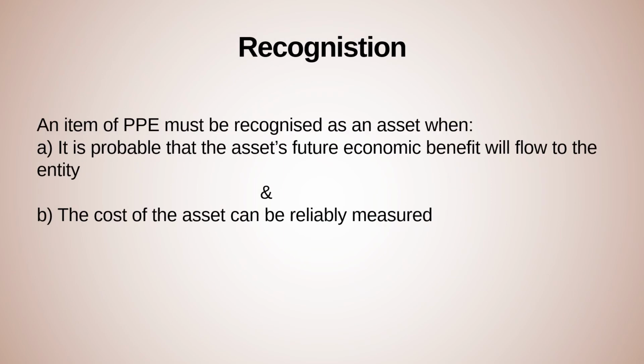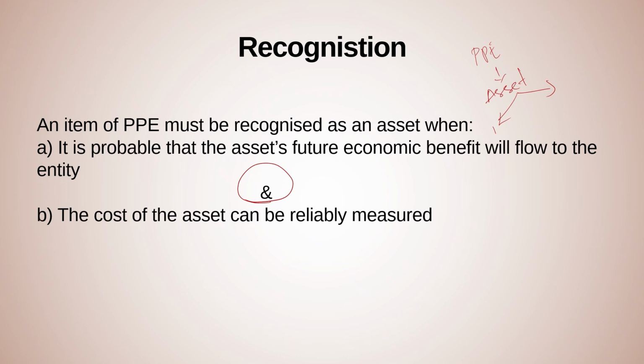Okay. Next is recognition. An item of property, plant and equipment must be recognized as an asset when it is probable that the asset's future economic benefit will flow to the entity, and this is very important, and the cost of the asset can be reliably measured. So to be recognized as an asset, an item of PPE should meet two criteria.